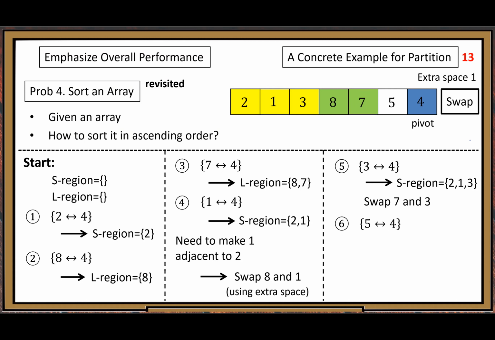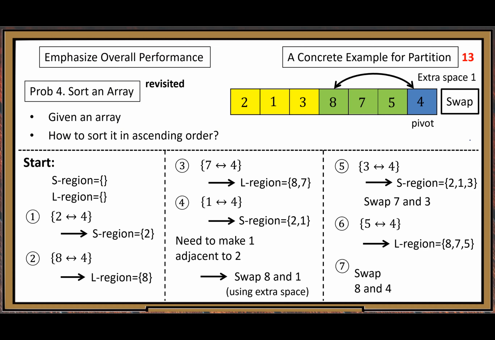All right. Then the last element, 5. The 5 is greater than 4, so it is in the L region, but we need to do the last step. We need to put the pivot element in place.